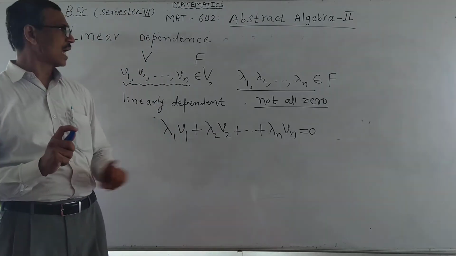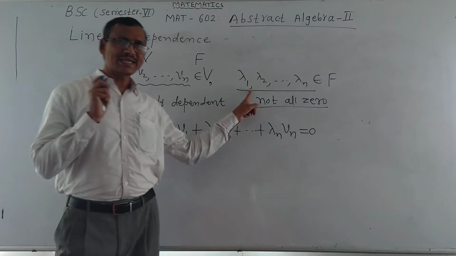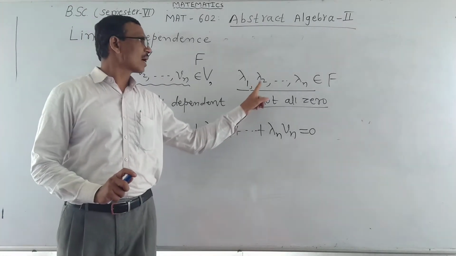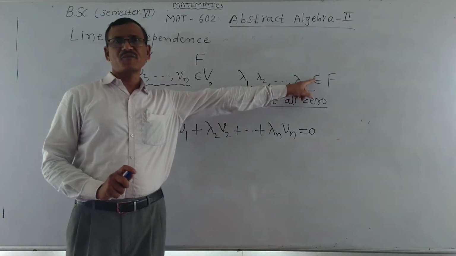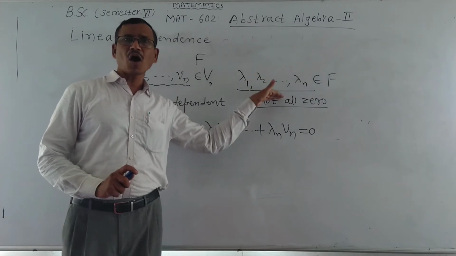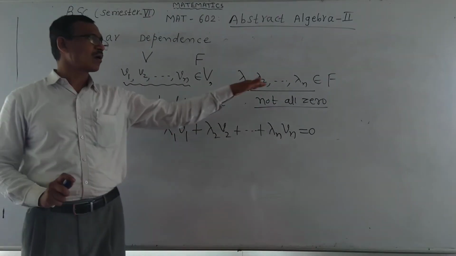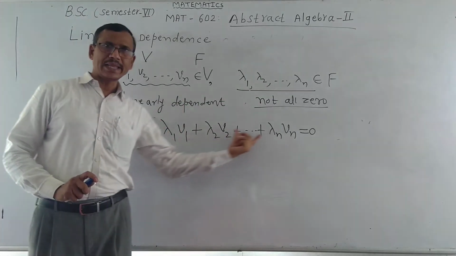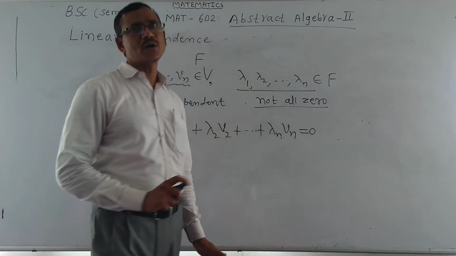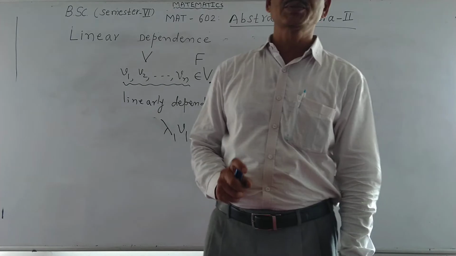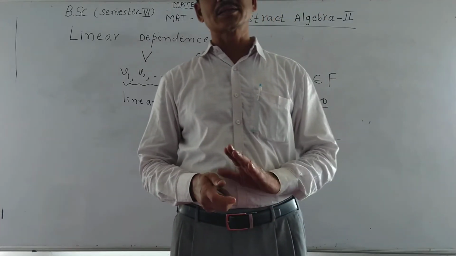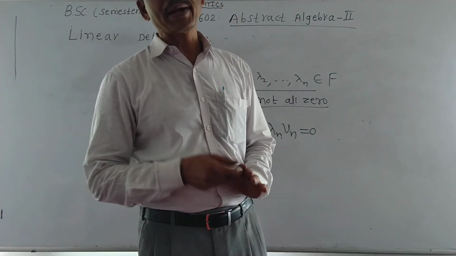The condition is that there must exist scalars lambda 1, lambda 2, ..., lambda n in a field F, not all zero, satisfying this condition. Not all zero, but their linear combination must be equal to 0, then the elements v1, v2, ..., vn are called linearly dependent elements.